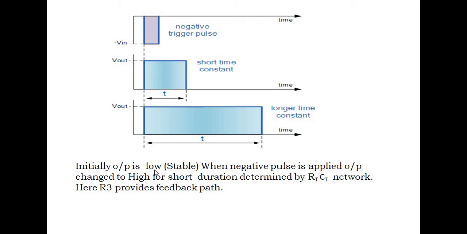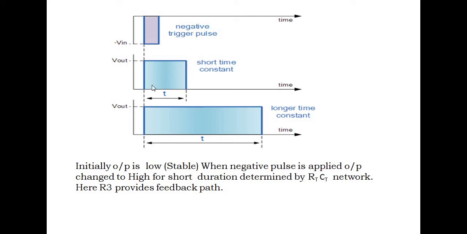Initially the output is low here, right? The output is low, which is nothing but a stable state. When a negative pulse is applied, the output is changed to high for a short duration determined by RT and CT. When and only when a negative pulse is applied, then only the output is changed from low to high.